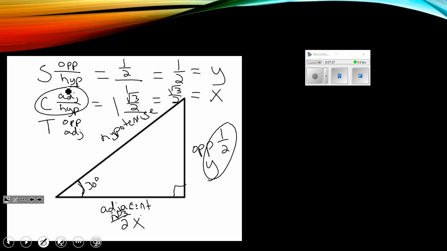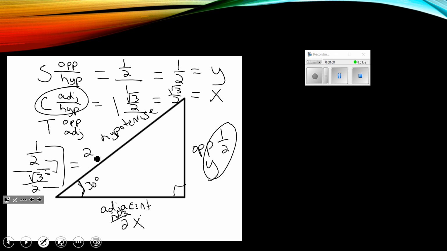And then I just told you that we know that tangent is opposite over adjacent. So you tell me, what's the opposite? 1/2. What's the adjacent? Square root of 3 over 2. How would I simplify that? You do your trick. So here's where it's going to really come into play. 1 is going to be on top. What's 1 times 2? 2.